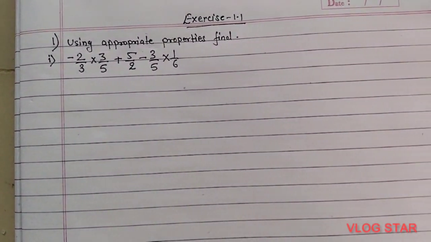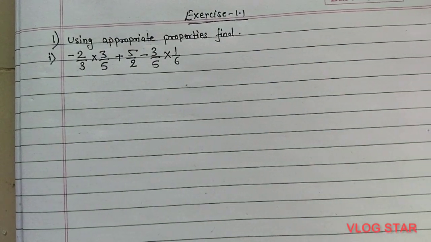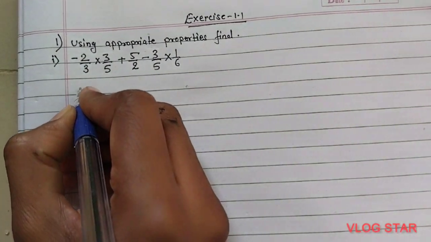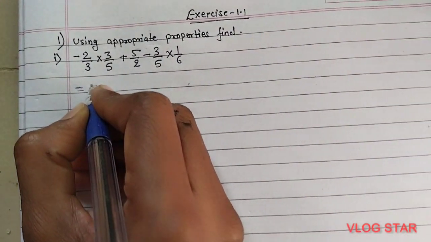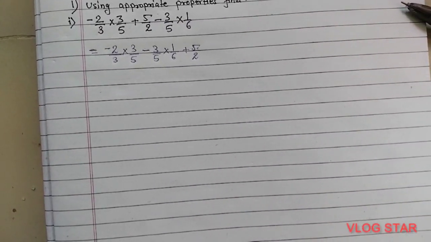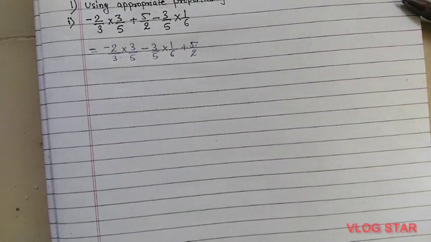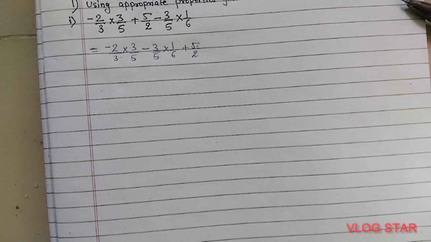Question of exercise 1.1: using appropriate properties, find this. Okay, so I am going to change something. Now can I write this equation in this form? Yes, I can write it. Now I am going to use the distributive law.